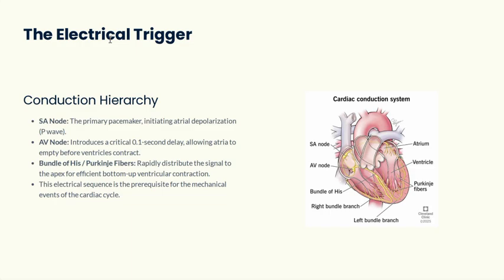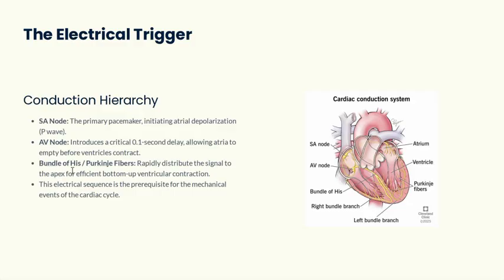Okay, so the electrical, now this is a good graph. The electrical triggers, so the conduction hierarchy. The SA node is the primary pacemaker and it initiates atrial depolarization, which is the P wave, and the AV node introduces a critical 0.1 second delay, allowing the atria to empty before the ventricles contract.